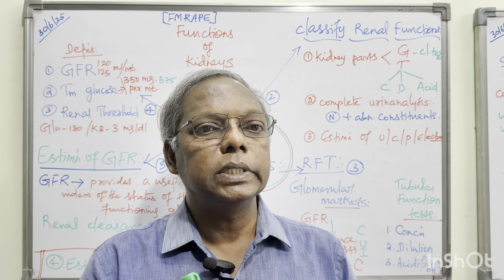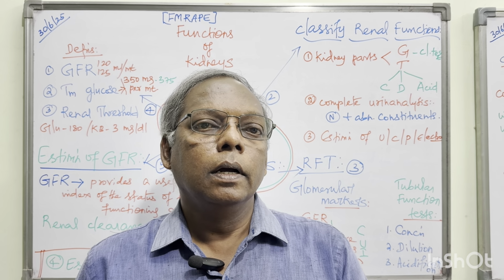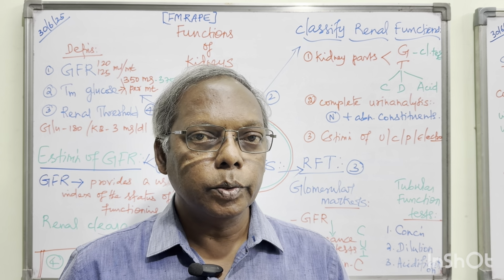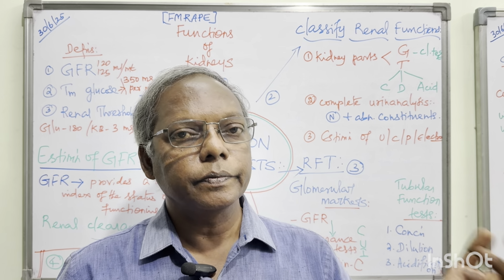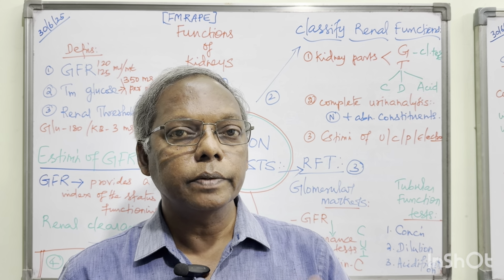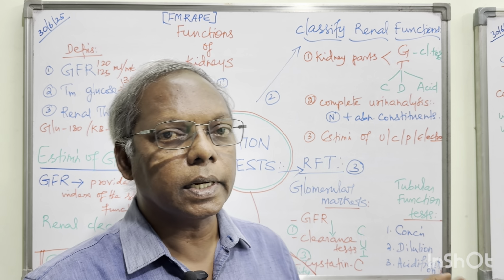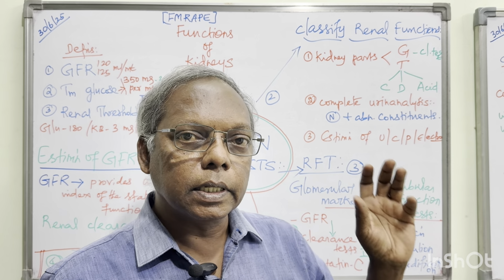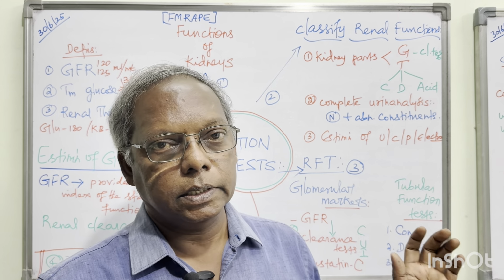How will you do these three tests and find out the results, whether acidification occurs, or diluted urine or concentrated urine? In which conditions you get diluted urine and in which you get concentrated urine. The tubular function tests assess kidney function.